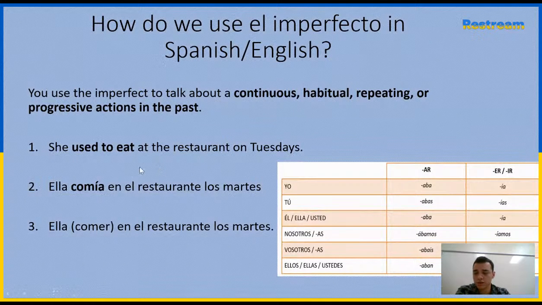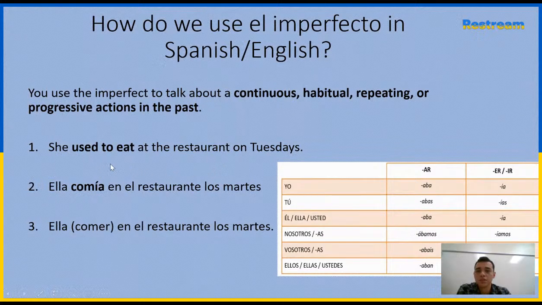So the sentence is describing an action that would happen in the past and that would happen continuously. Now, the imperfect tense is used in the same way in Spanish to describe an action that happened in the past and that was continuous.